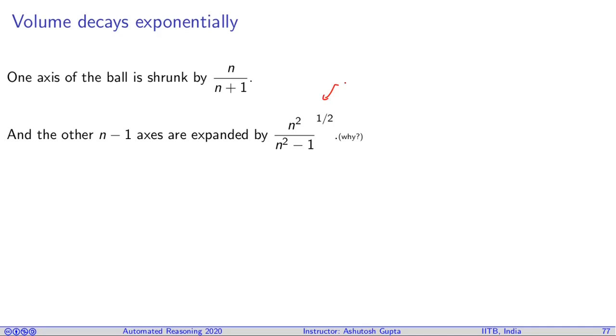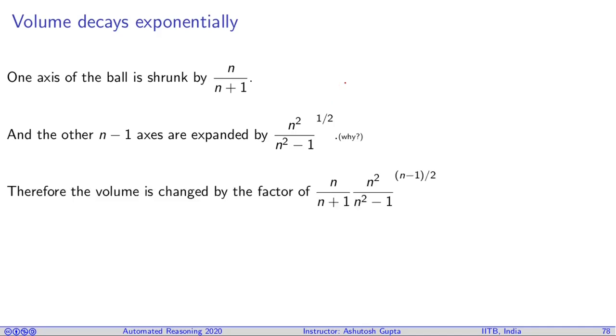You put them together, and this much volume change has occurred. If you simplify this, you will find that this formula is less than e to the power minus 1 over n plus 2. So every time you do this, you get an exponentially smaller ball. We will use this fact to prove the polynomial size of our algorithm.